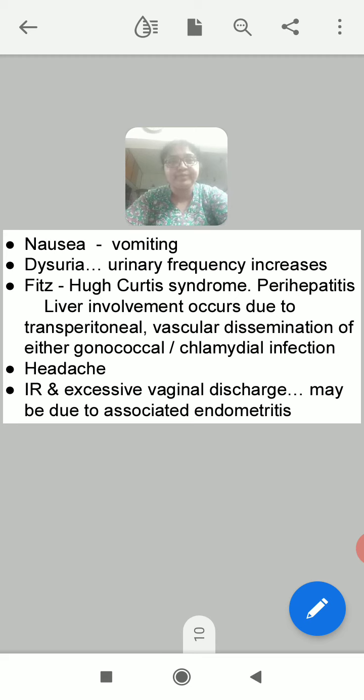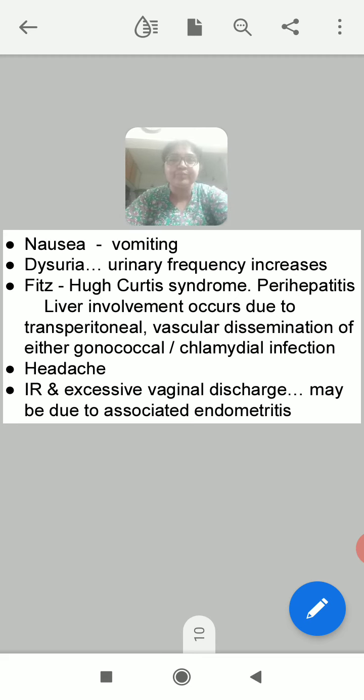Fitz-Hugh-Curtis syndrome, that is due to perihepatitis. It is a very rare complication of PID. It occurs due to liver involvement, and liver involvement is due to transperitoneal vascular dissemination of either gonococcal or chlamydial infection.